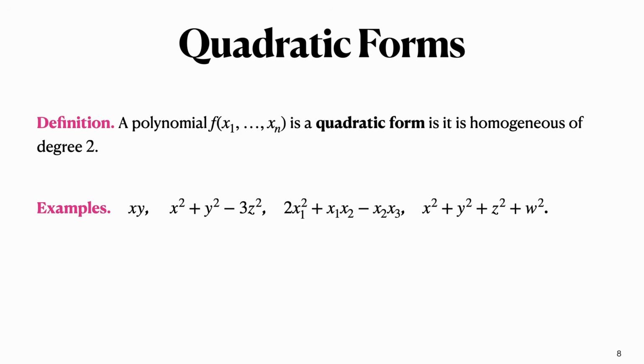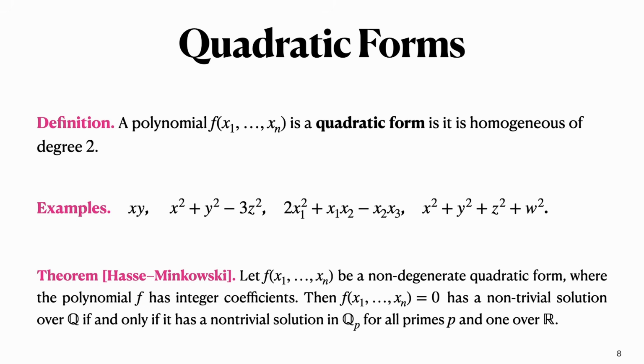So once we have this setup, we can ask the same question. Given a quadratic form, do you have a way of checking if there is a primitive solution of that quadratic form equal to 0? This is well known, and it is known as the Hasse-Minkowski theorem. We need to ask for the quadratic form to be non-degenerate, and I'm restricting to integer coefficients, but of course this can be done more generally.